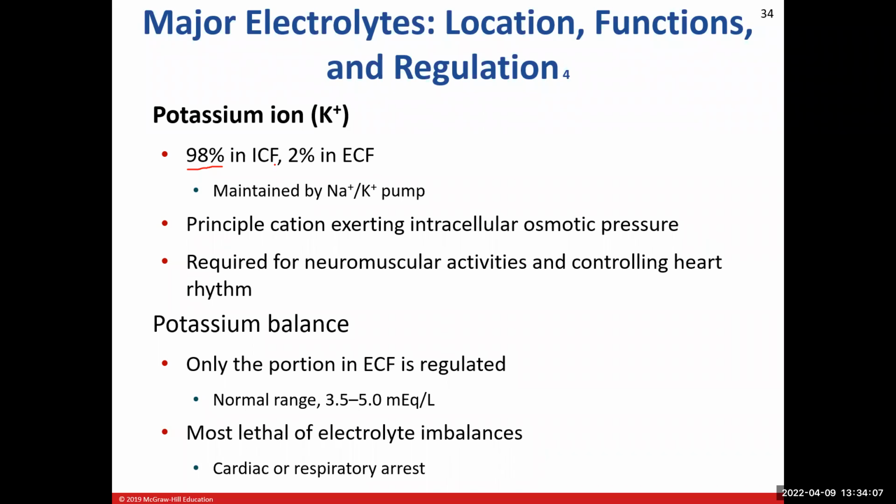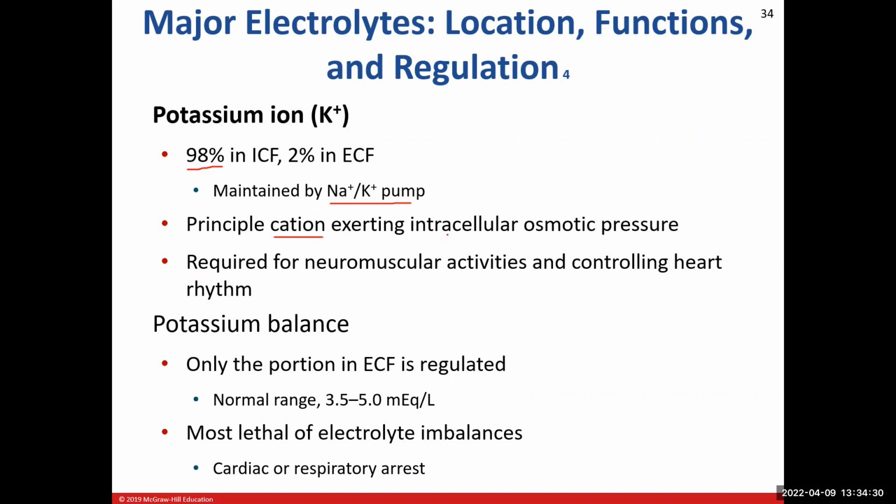Now, this gradient, this difference in potassium distribution, is maintained by none other than the sodium-potassium ion pump. Potassium is a positively charged ion, so we call it a cation, and it is responsible for creating the osmotic pressure that draws water into the cells.